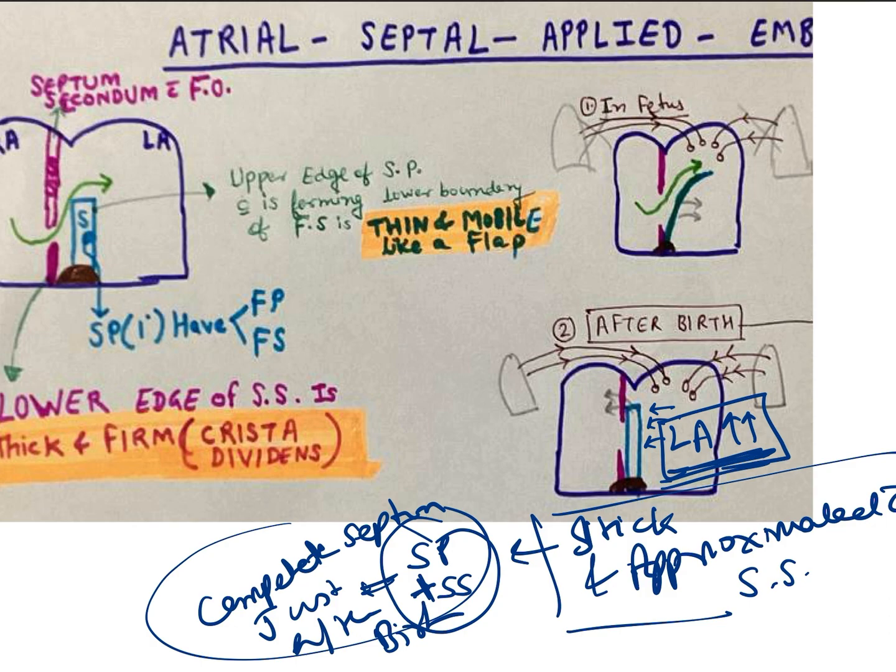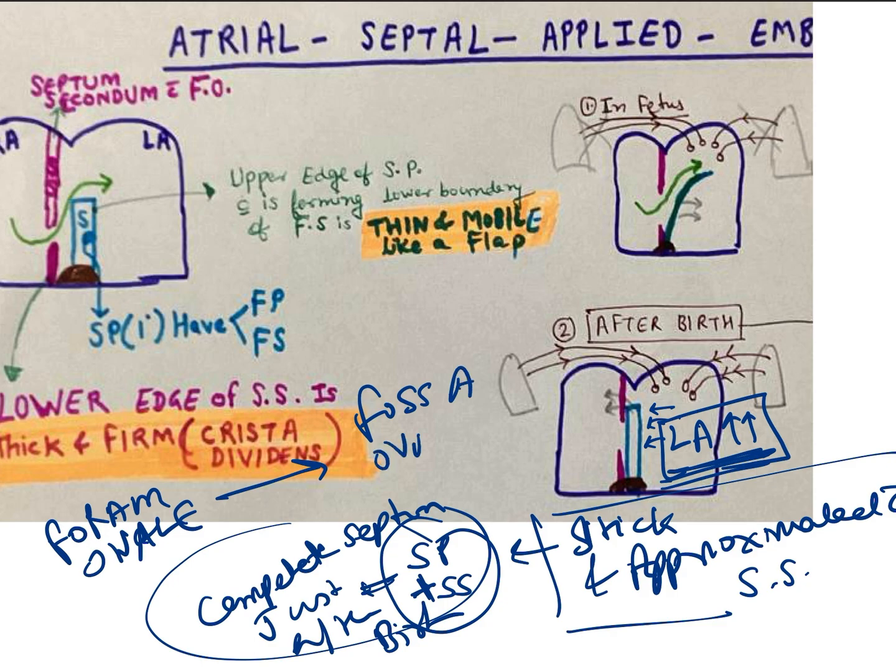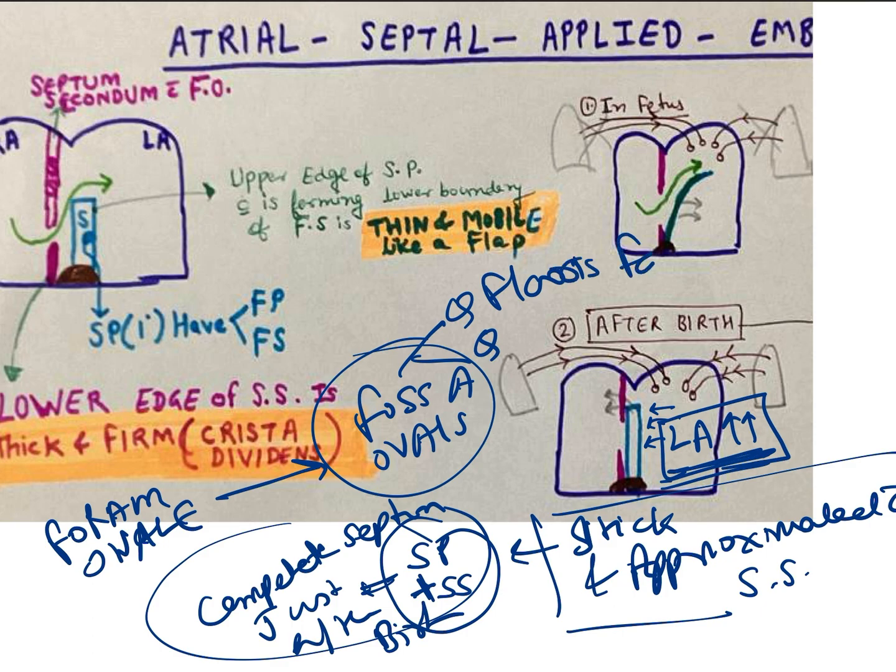Now this foramen ovale is termed as fossa ovalis. This fossa ovalis, two questions: the floor is formed by, and the boundaries of the fossa ovalis are formed by.